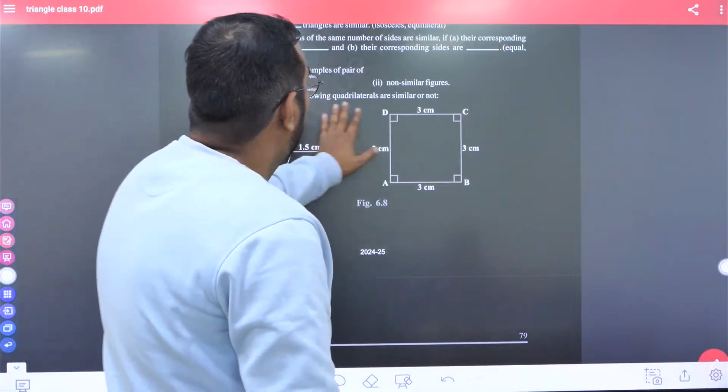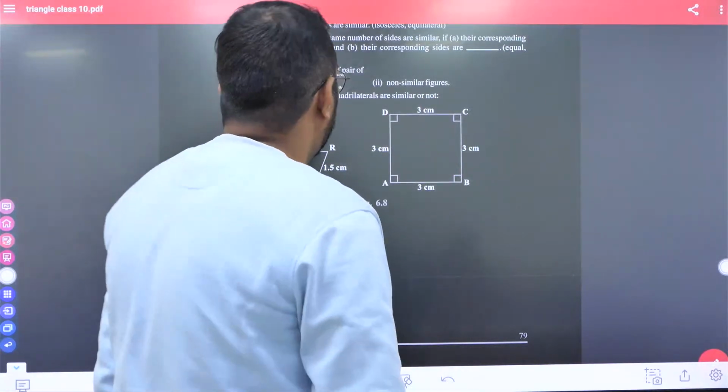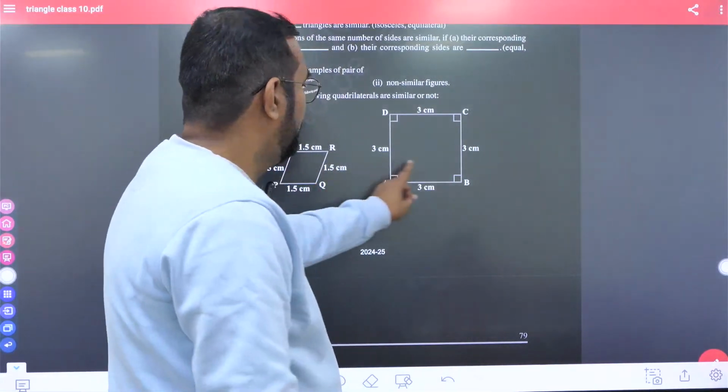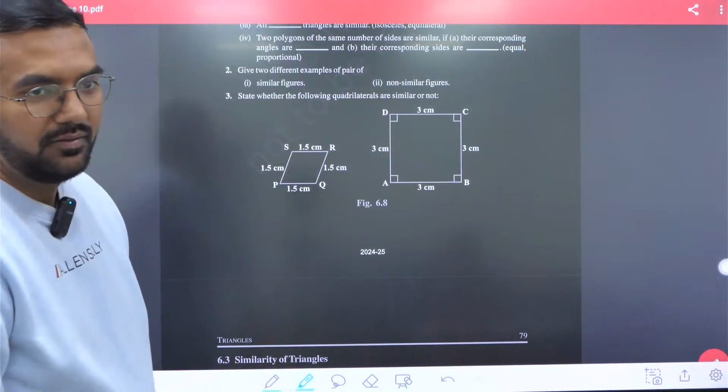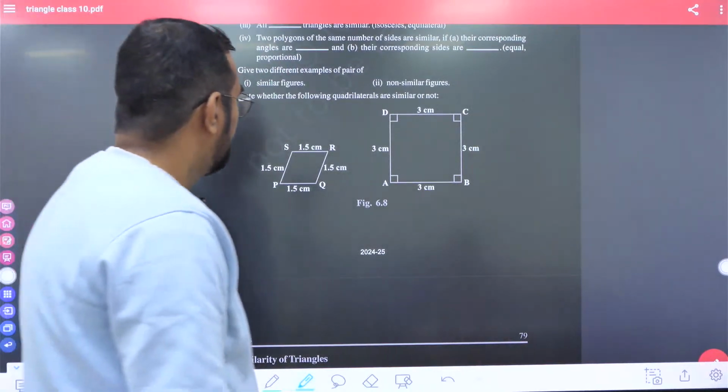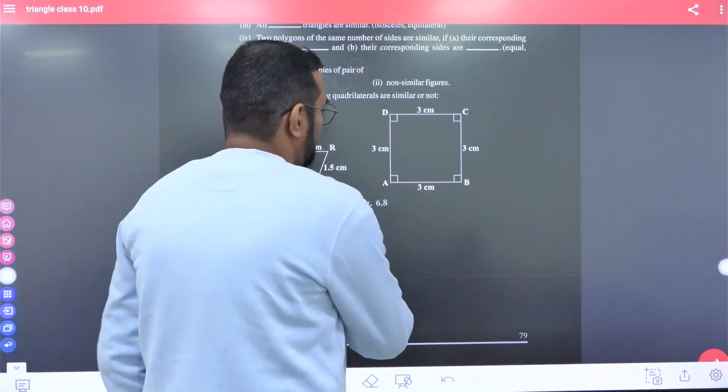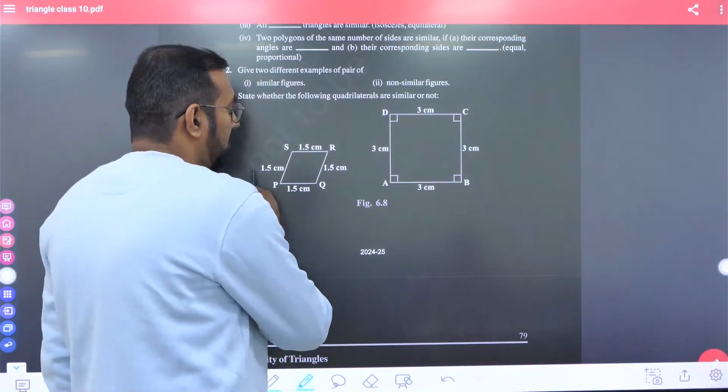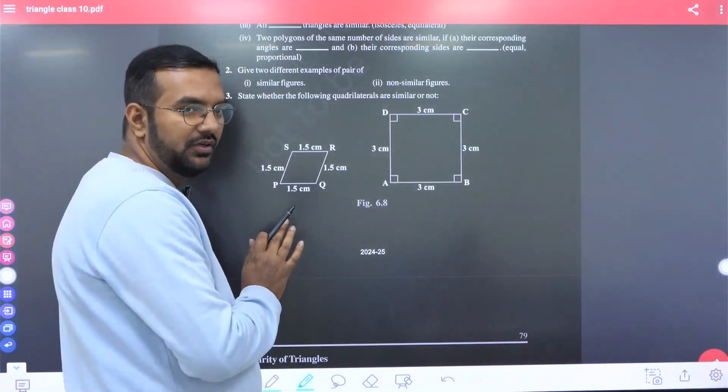Now state whether the following quadrilaterals are similar or not. These two quadrilaterals, are they similar? Not similar. Why not? Here the corresponding angles are not equal.